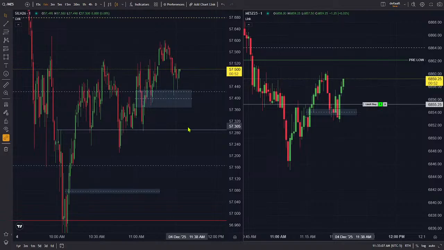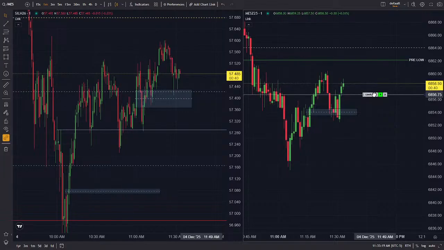Focus on the process. Okay, so now we have a volume imbalance. It could be a draw. So I'm going to put my entry there. That actually, with the volume imbalance, created a fair value gap.